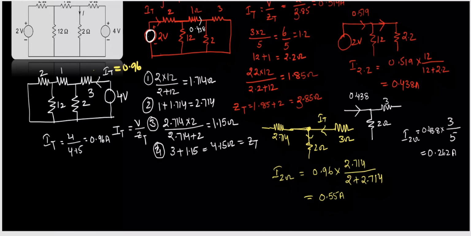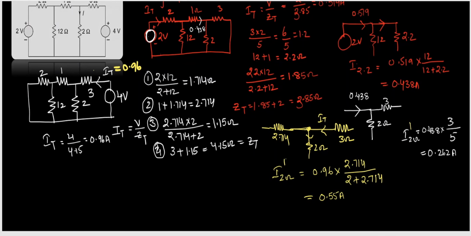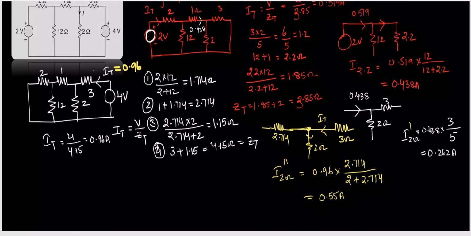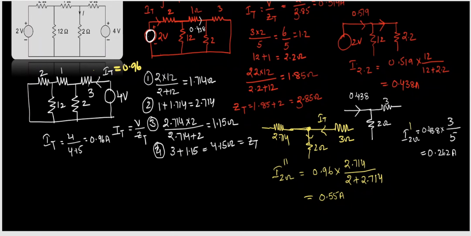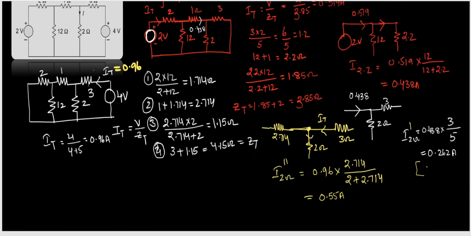So this is I2 dash, this is I2 double dash. Why am I making it dash? Because this one is because of the 2 volt source, and this is because of the 4 volt source.